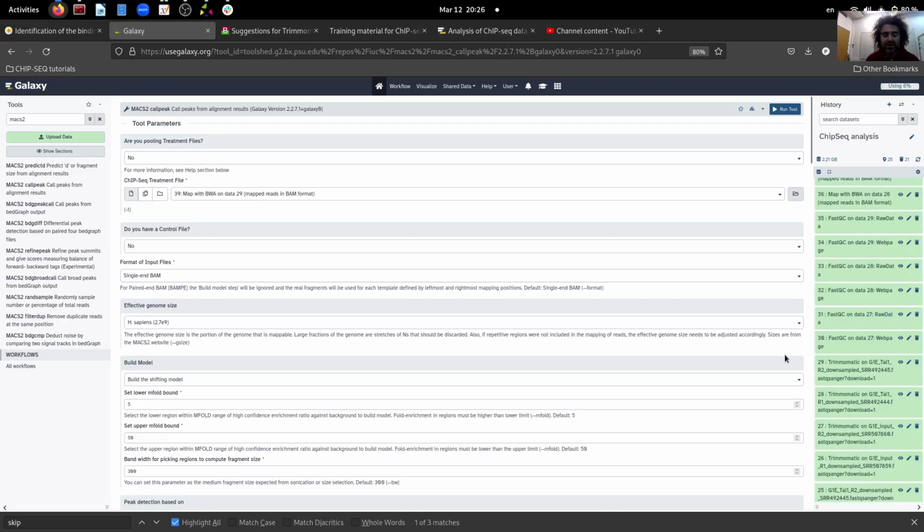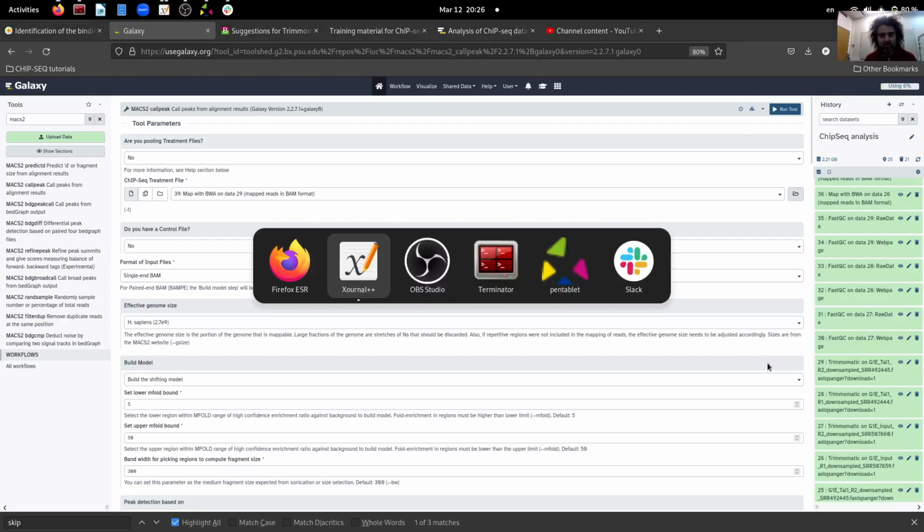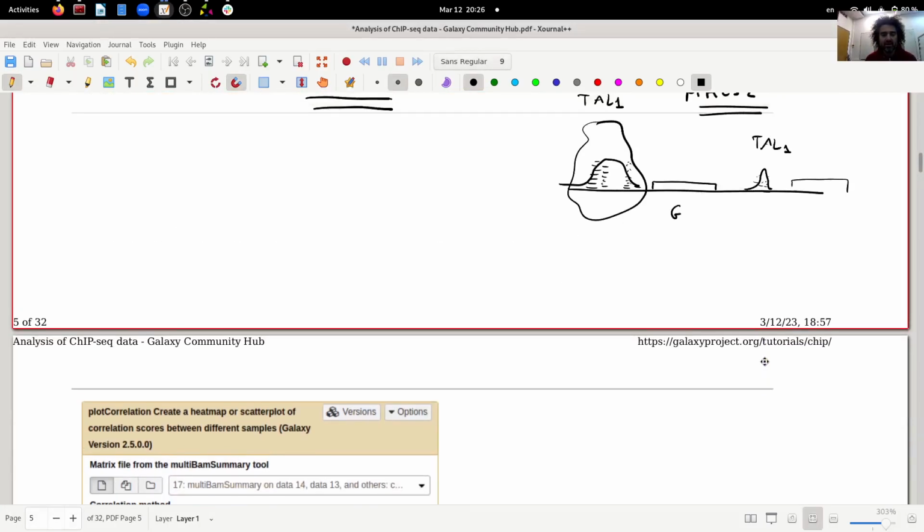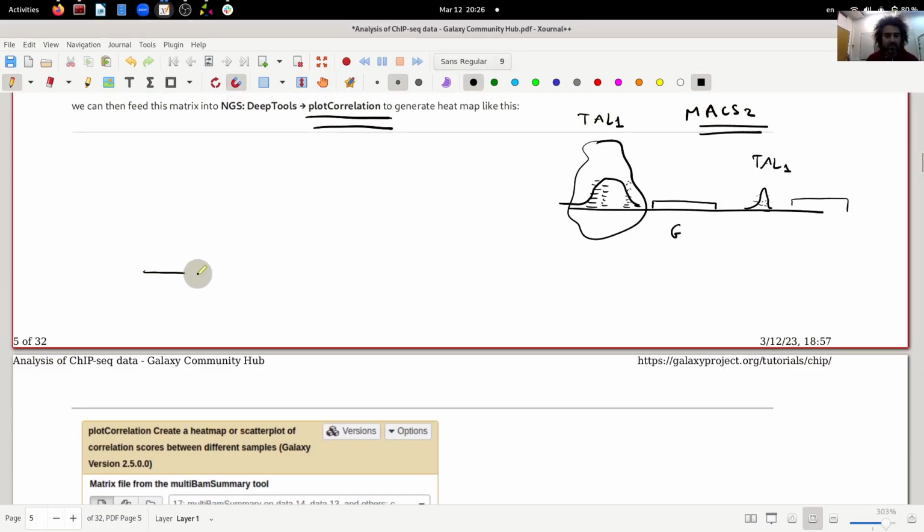However, we don't really care about the differences between these two individuals, but what we try to infer is one single answer for where TAL1 binds in these mice.